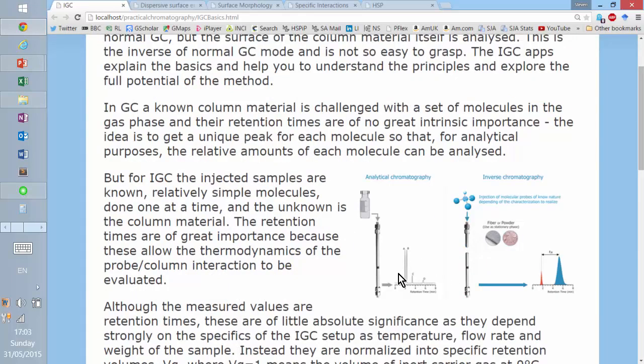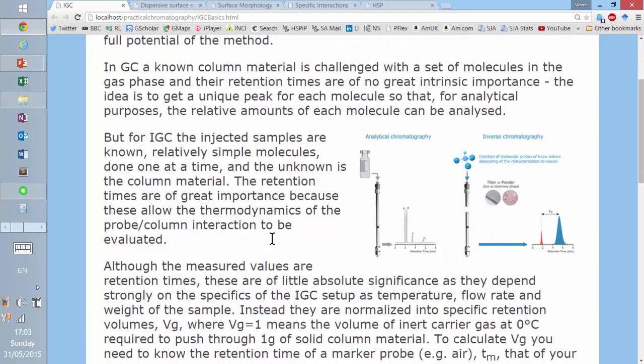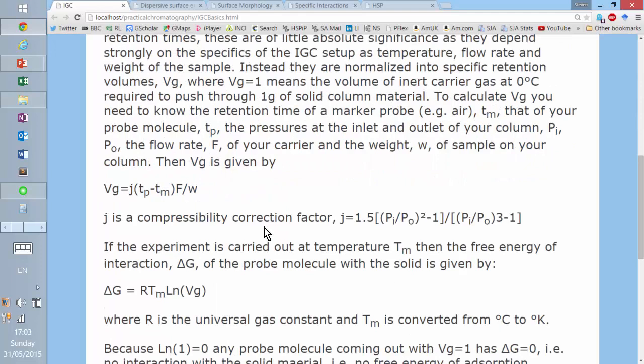Here's some nice pictures describing GC and IGC. These are from AdScientist. And this particular page just explains one thing, which is VG, the specific retention volume which we will use in subsequent apps. That's defined as J times (tR minus tM) times F over W. J is a compressibility factor.